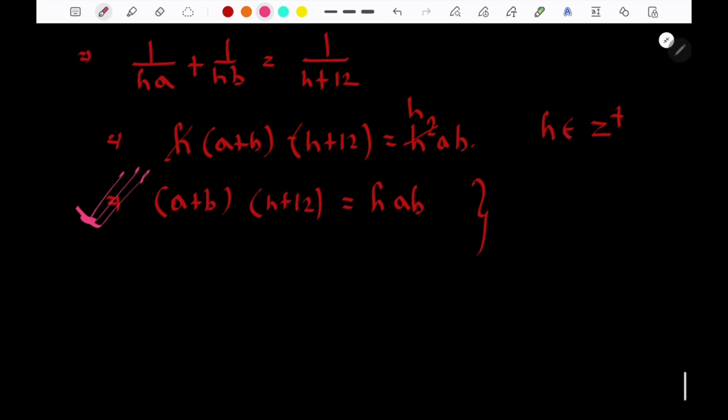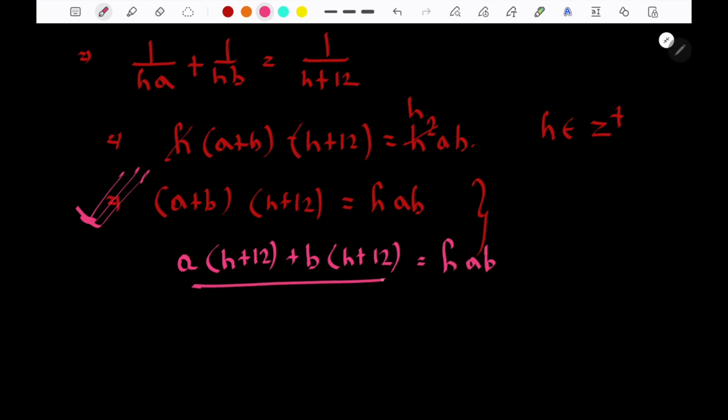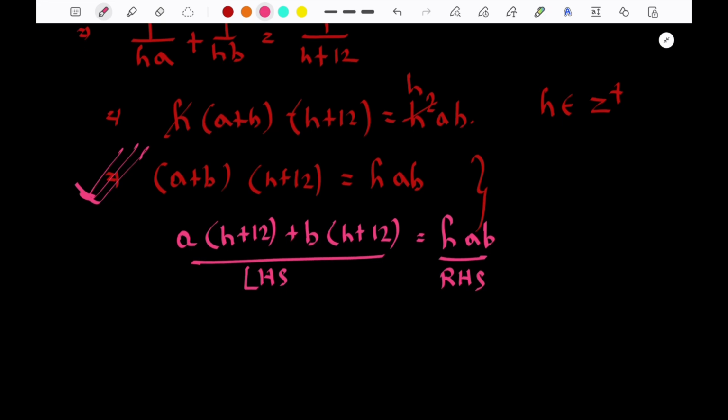We know that we can partition it as a into (h plus 12) plus b into (h plus 12), and this is equal to h ab. Now think of one thing, left hand side and right hand side. Now in the LHS we can say that this ab must divide something.